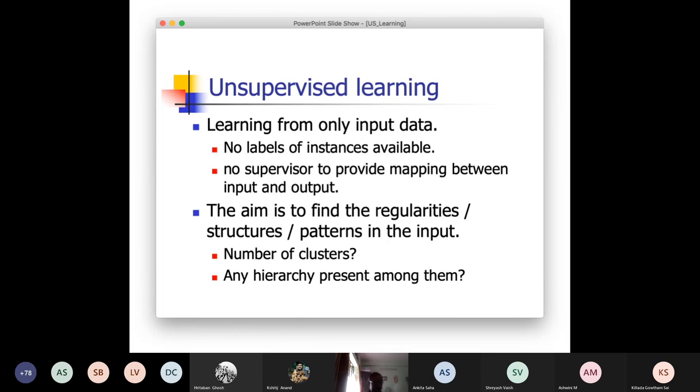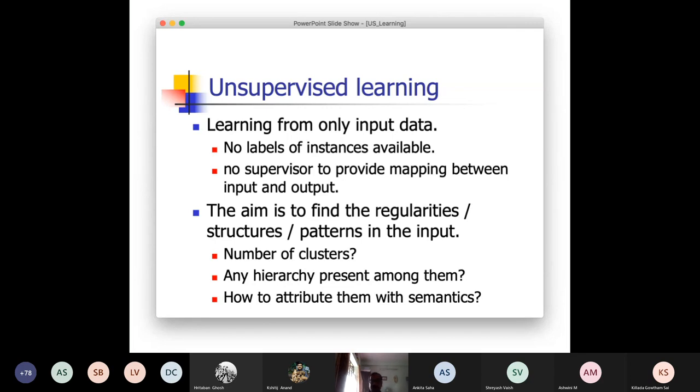Whether there exists any hierarchy among them is also another question. When you are considering the groups, whether you have certain kinds of hierarchies in those groups. And how to attribute them with semantics.